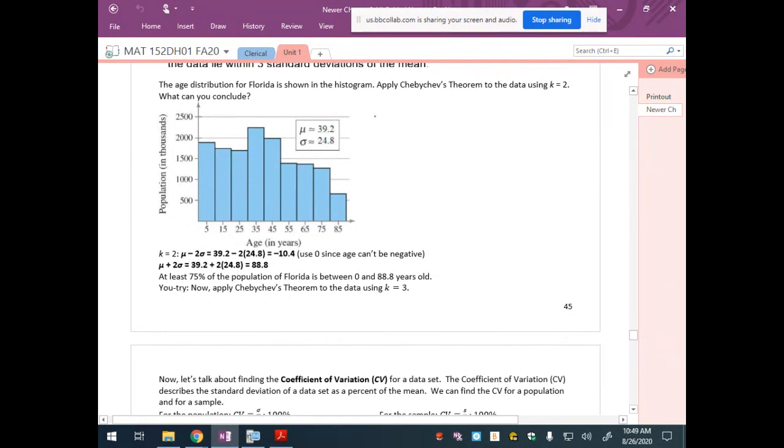So if we go mean minus 3 standard deviations, that's 39.2 minus 3 times 24.8. It is going to be a negative number, negative 35.2, but we'll just have to say 0.